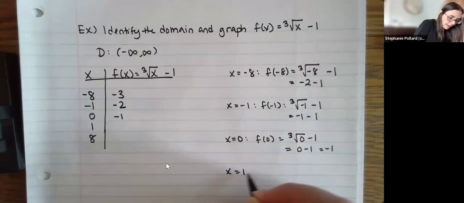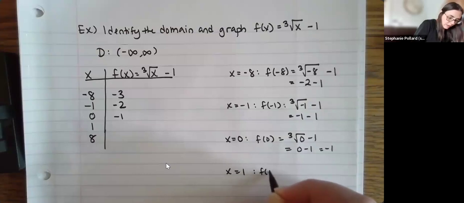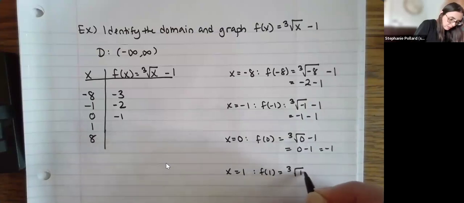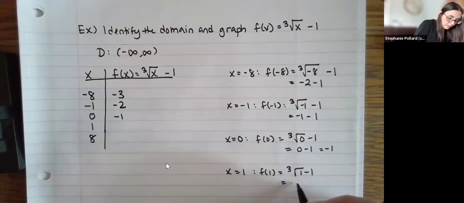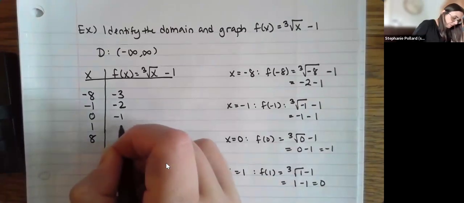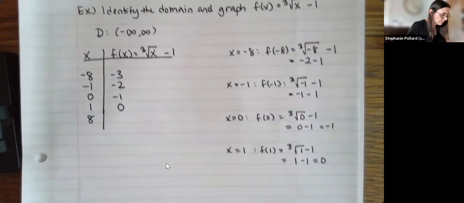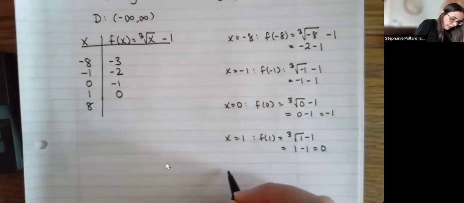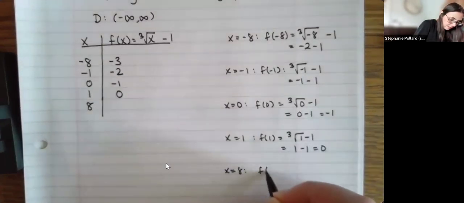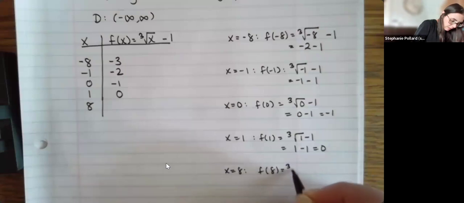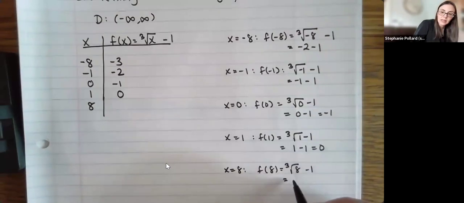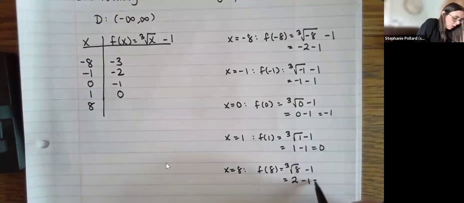When I plug in +1, cube root of 1 minus 1, cube root of 1 is 1, minus 1 would be 0. And when I plug in 8, cube root of 8 is 2, and 2 minus 1 is 1.